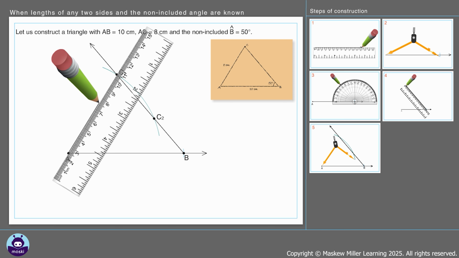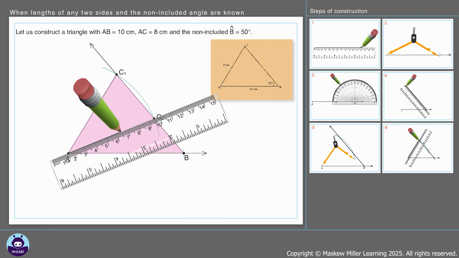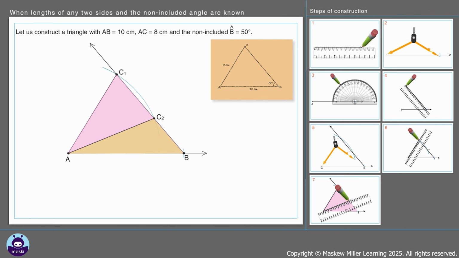We join A and C1 to form triangle ABC1. We also join A and C2 to form triangle ABC2.